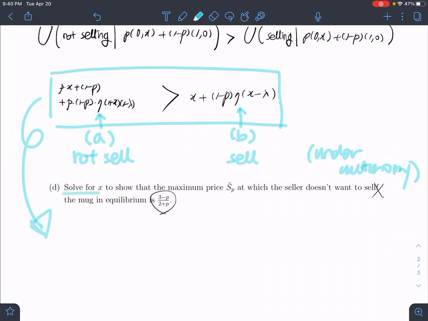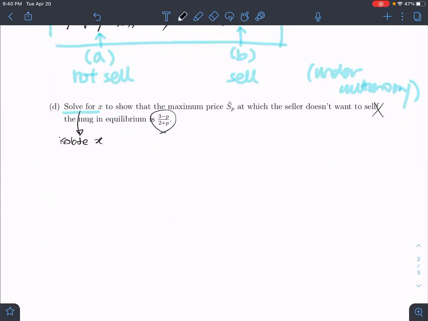So solve for x. When you see something like this, it means that we want to isolate x on one side, left-hand side or right-hand side. In this question, the professor was giving so many hints. He was asking about the maximum price, so it means that x will be less than some term.